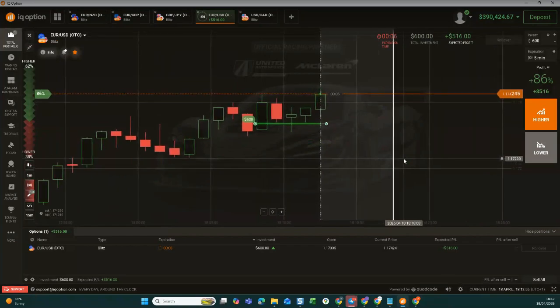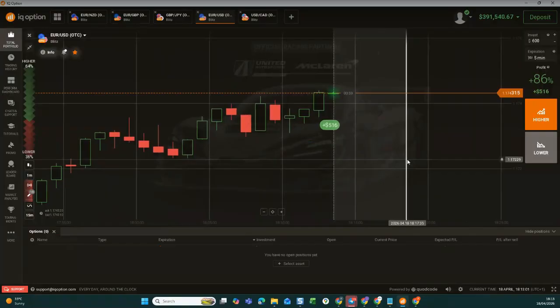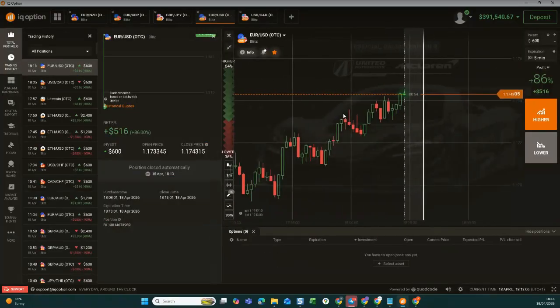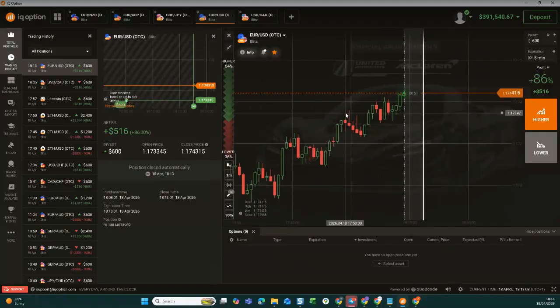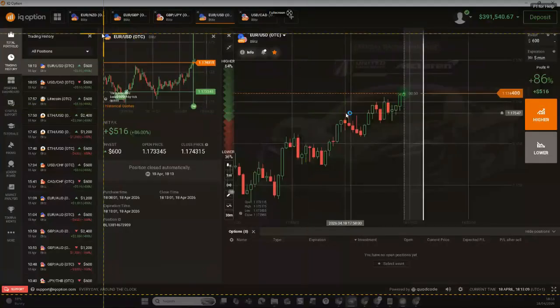At 420, that is my next withdrawal. So I just made another $516 on this particular trade, on this particular signal, which is Euro USD.